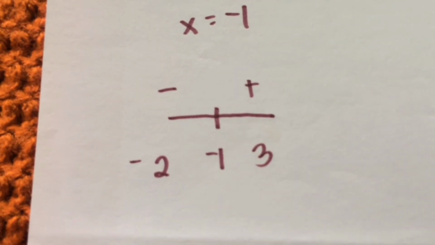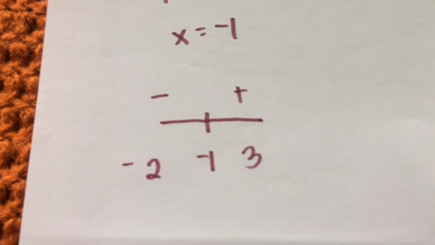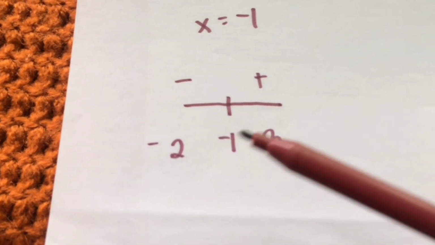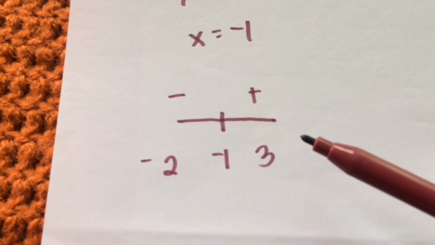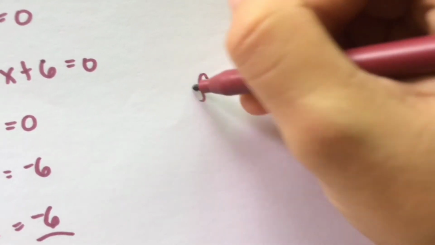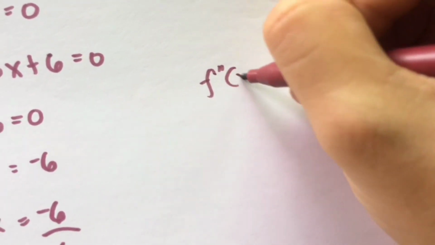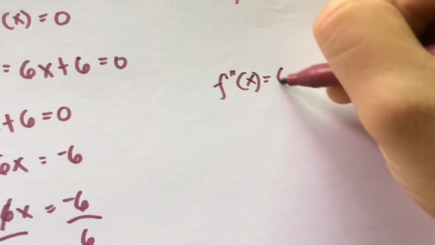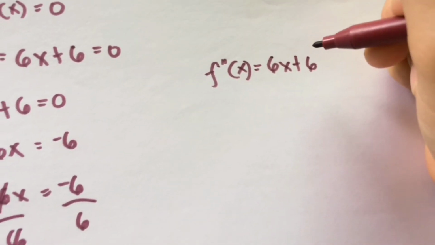From this we will substitute negative 2 and positive 3 into our second derivative, f of x equals 6x plus 6.